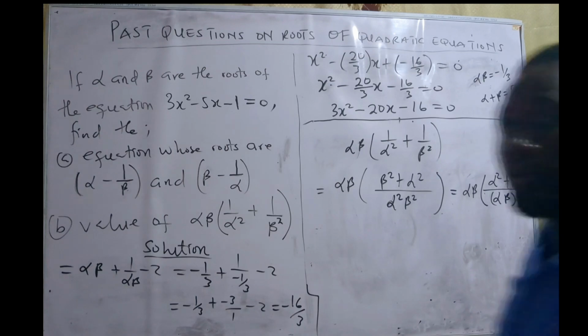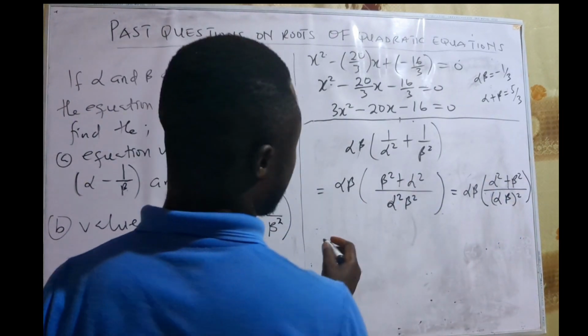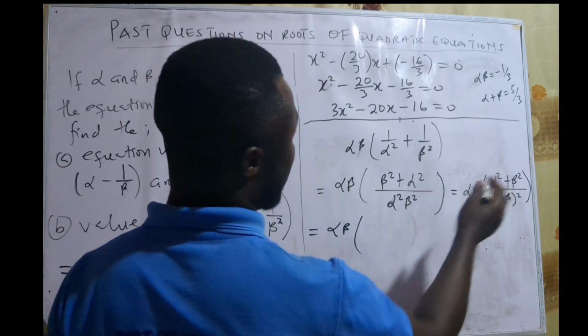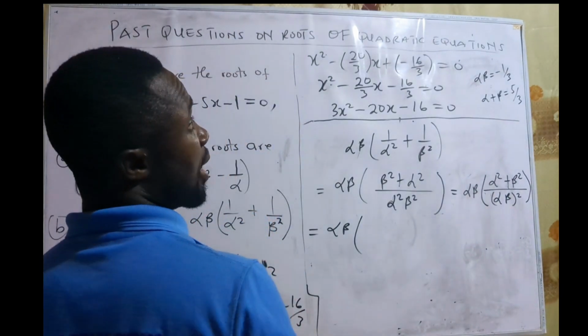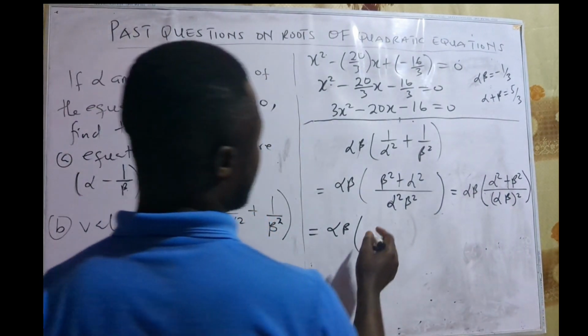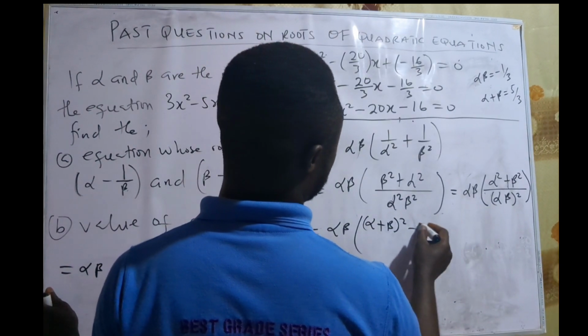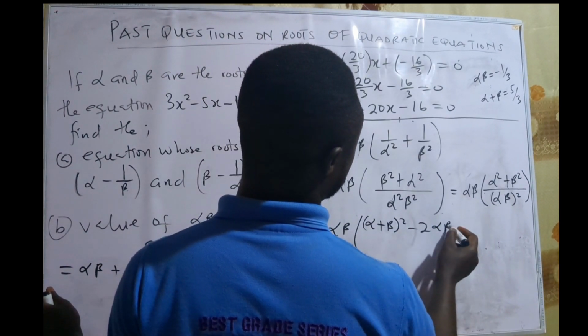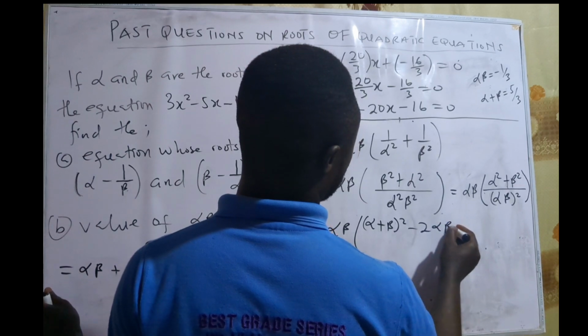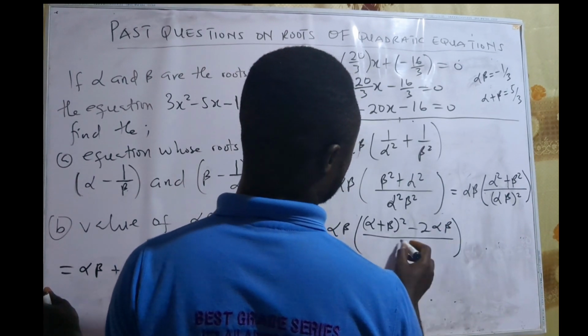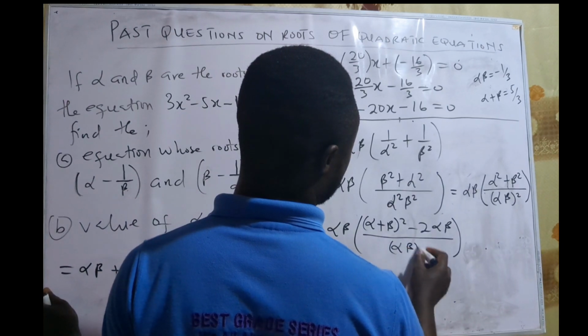But what is alpha squared plus beta squared? We learned that alpha squared plus beta squared can give us alpha plus beta all squared minus 2 alpha beta, all divided by alpha beta all squared.